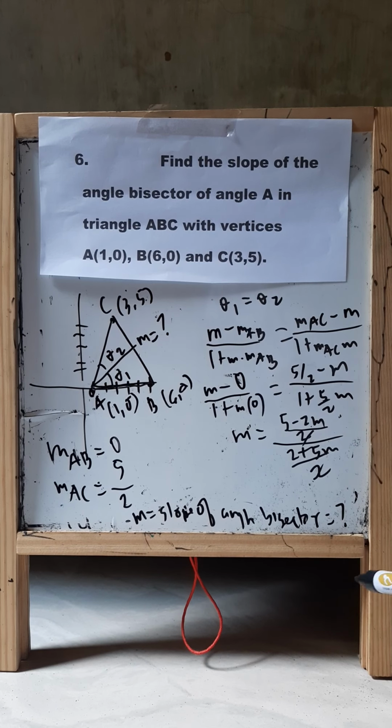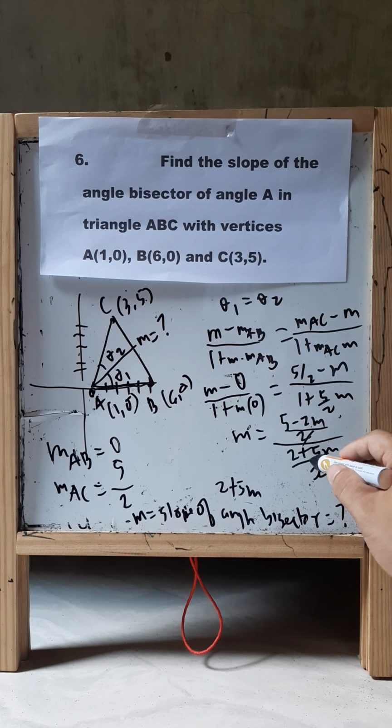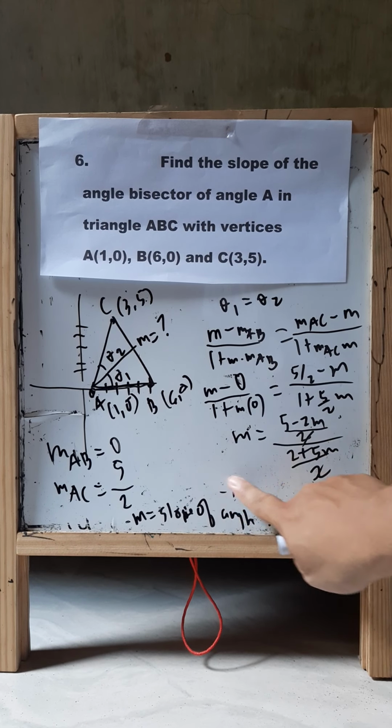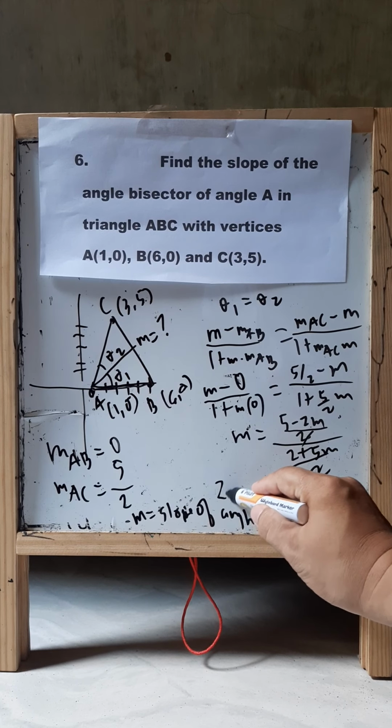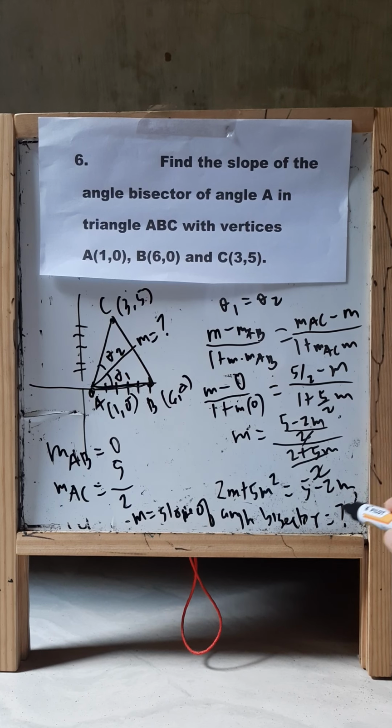So cancel 2. Then we will now cross multiply: 2 plus 5m times m. That becomes 2m plus 5m squared equals 5 minus 2m.